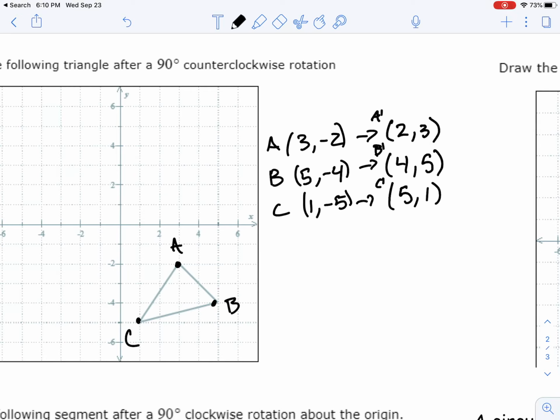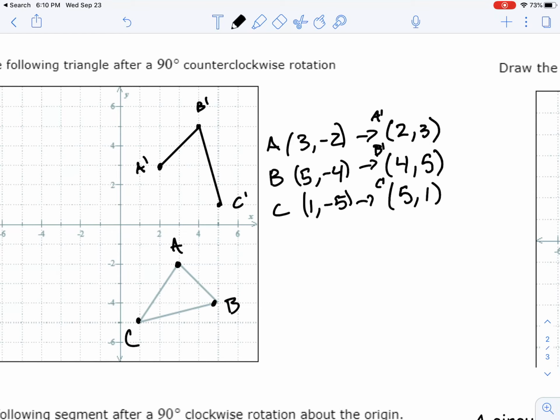Okay, so if I fill these in, A prime was at 2, 3. That's right there. I can even label it A prime. B prime was at 4, 5, which is up here, B prime. C prime is at 5, 1, C prime is right there.